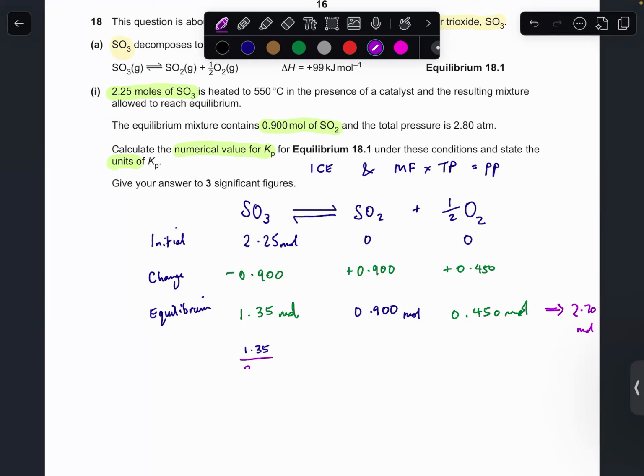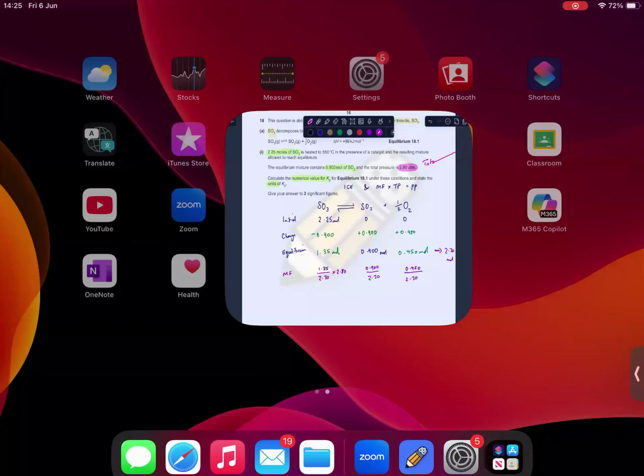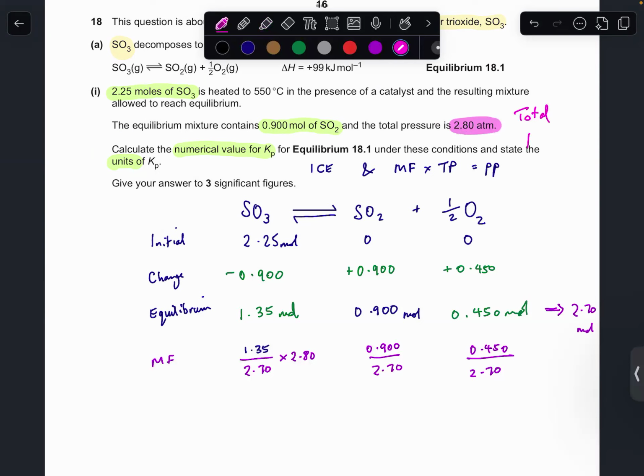So 1.35 divided by 2.70, 0.900 divided by 2.70, 0.45 divided by 2.70. This is the mole fraction. You can work that out. And once you've worked that out, you can then multiply it by 2.80, which is, and I'll highlight it here, the total pressure.